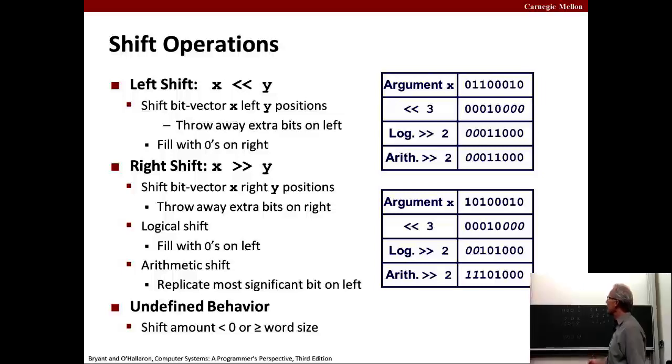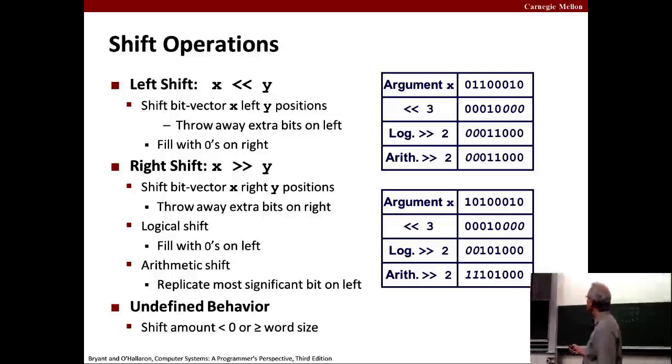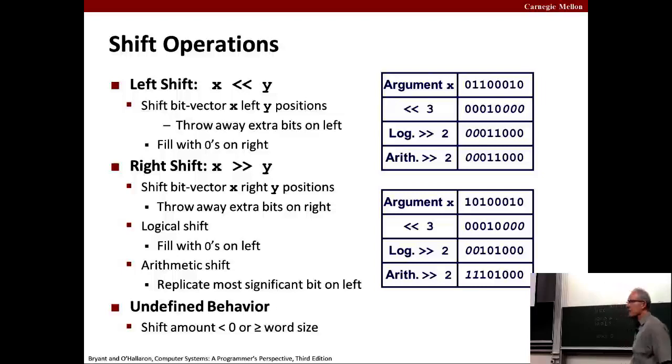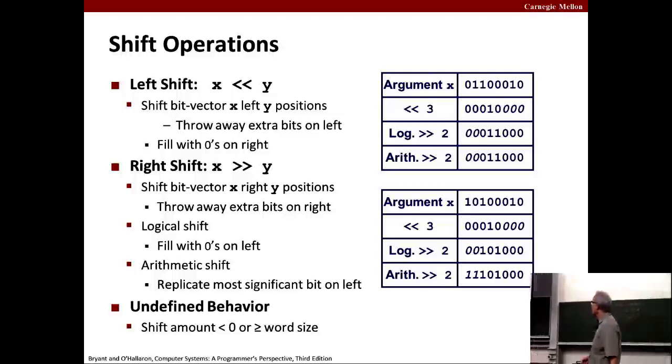But in the case where the leading bit was a 1, when I shift it to the right arithmetically, I'll fill it in with 1s. That will make more sense when we understand how negative numbers get represented in a machine. That's the purpose of it and why it's called arithmetic.